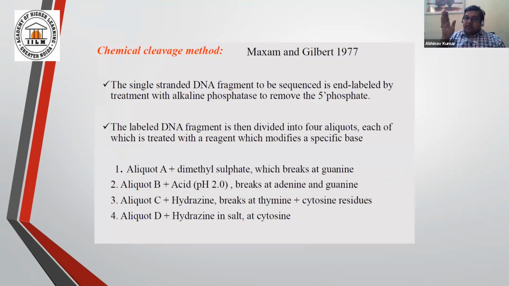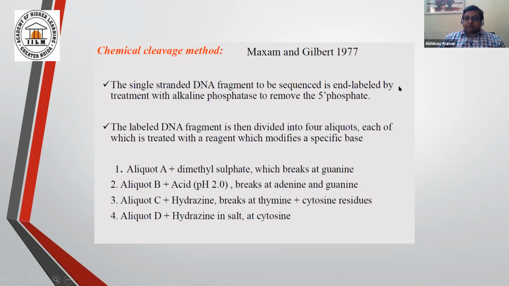They rely on cleavage from one side, and they label the DNA fragment with the help of different chemicals. This is a hardcore chemical method, and it is sometimes hazardous to use so many chemicals. That's why, a few years after the invention of this method, people stopped using this technique.